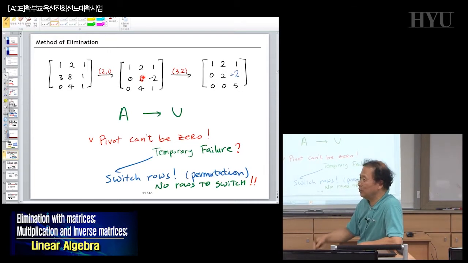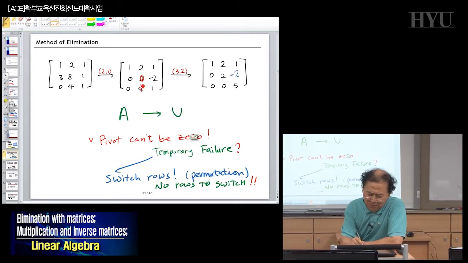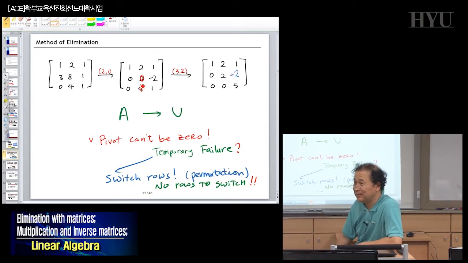What happens is you cannot find any row to replace. For example, this is row 0 again. Then what are you going to do? There is no row to switch, right? In that case, you failed.